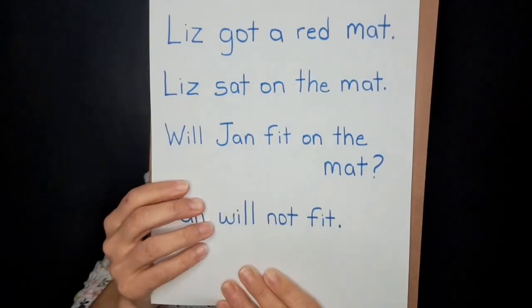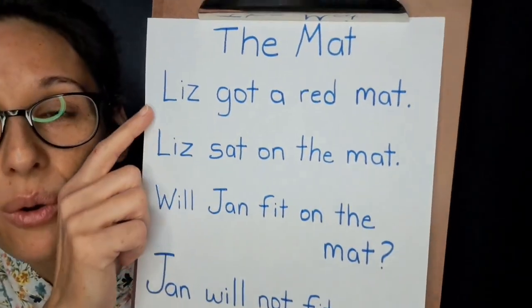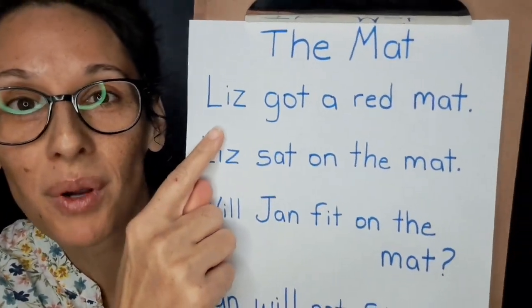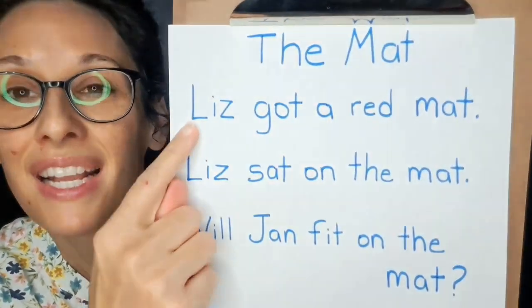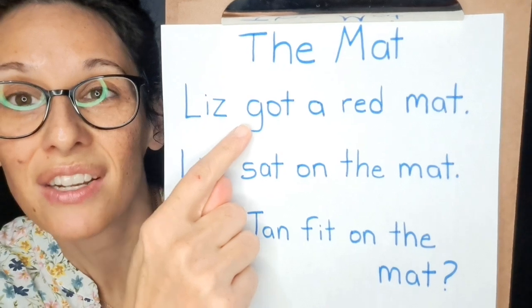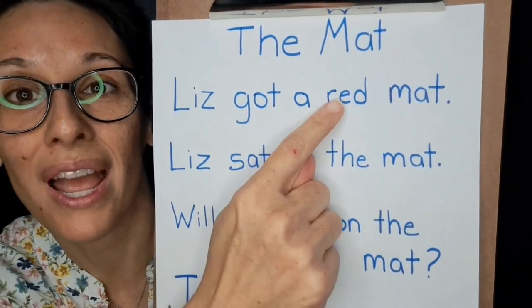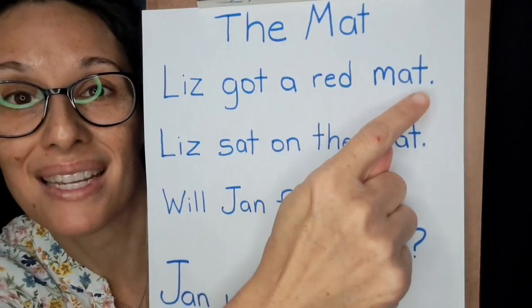Okay, now we're going to try to go over these so that you can remember them a little bit better and remember the story. Liz got a red mat.